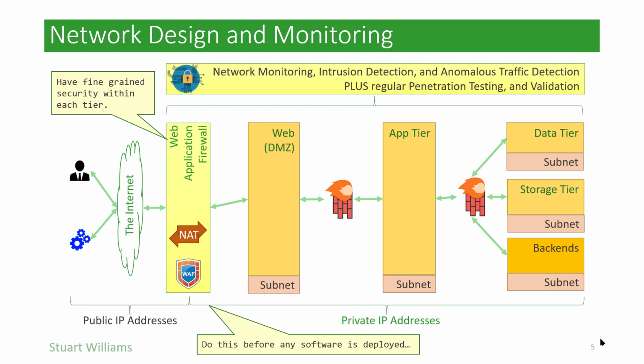You need a DMZ, and the things you put in the DMZ should be very carefully considered. Typically, your web servers that provide UI are in the DMZ. Other interop things between your system and other systems are typically in the DMZ.